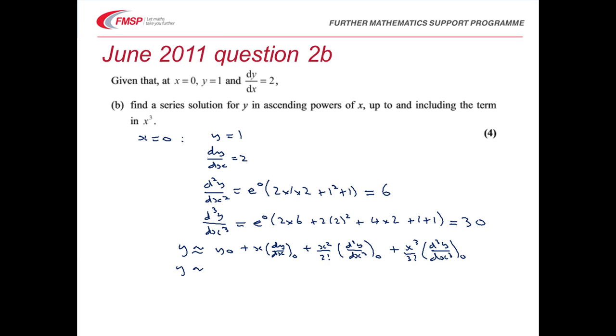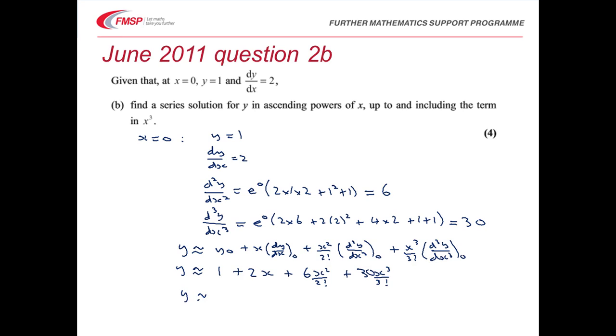So y is approximately 1 plus x times the initial gradient, so that's 2 times x, plus x squared over 2 factorial times the second derivative, which is 6, plus x cubed over 3 factorial times the third derivative, which is 30.